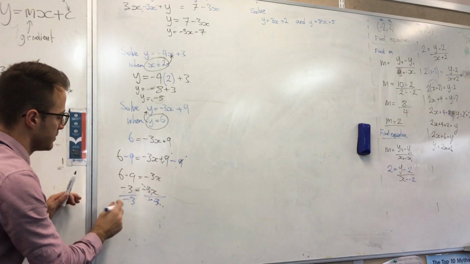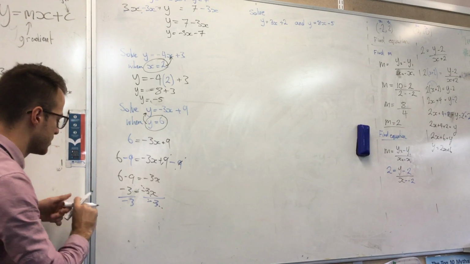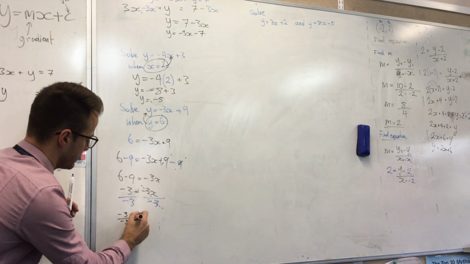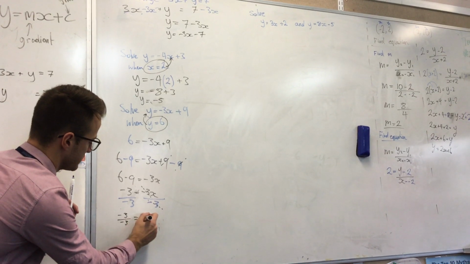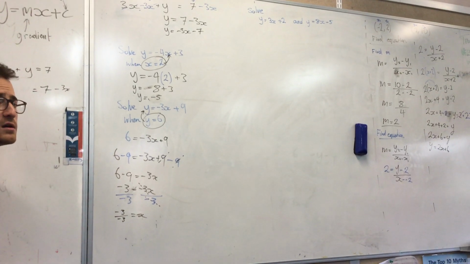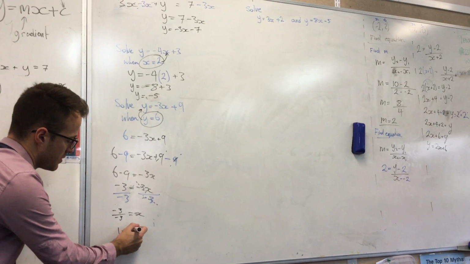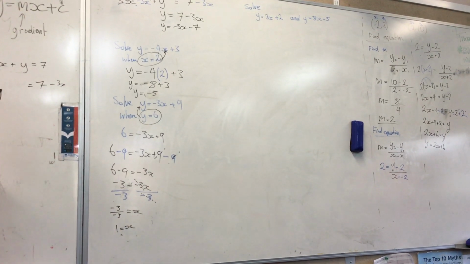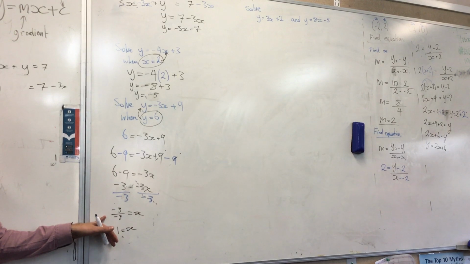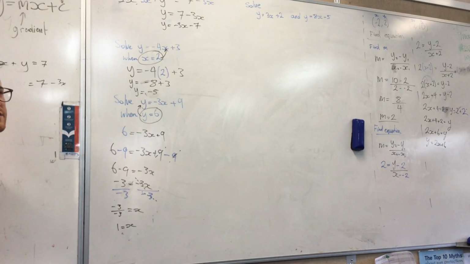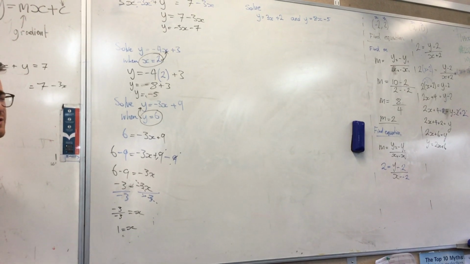And then we'll get negative 3 over negative 3 equals x. What's negative 3 divided by negative 3? 1. Obviously I'll probably never give you negative 3 over negative 3, I'll give you 5 over 2 or whatever, and you can just leave it as 5 over 2, or if it's 8 over 4, you know, it's equal to 2.